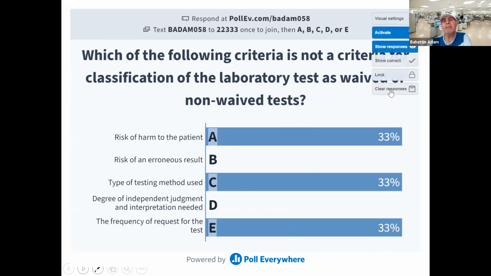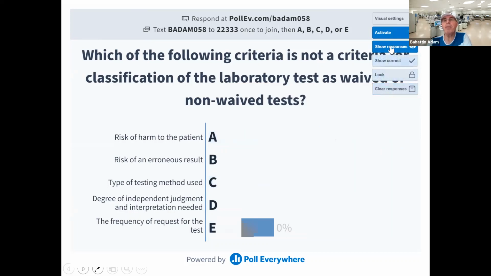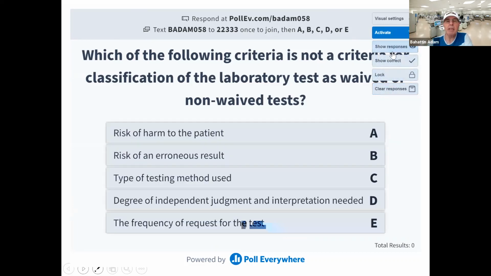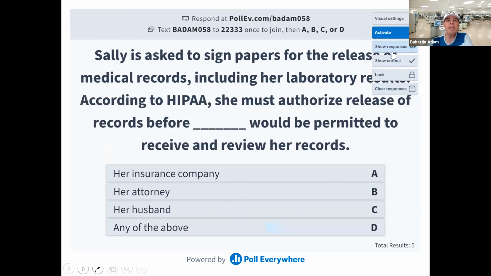Okay. I need to clear your response and then go forward. Now, Sally is asked to sign paper for the release of medical records, including her laboratory results.